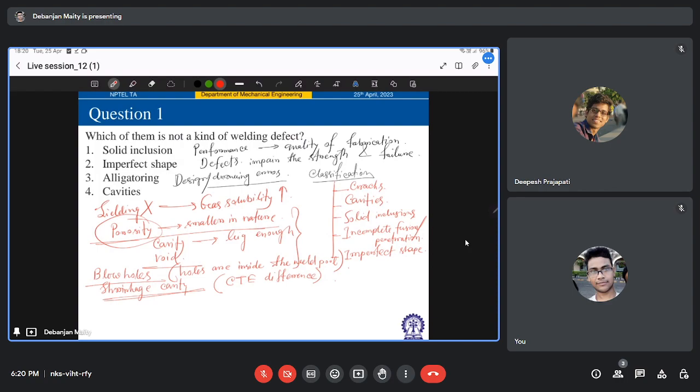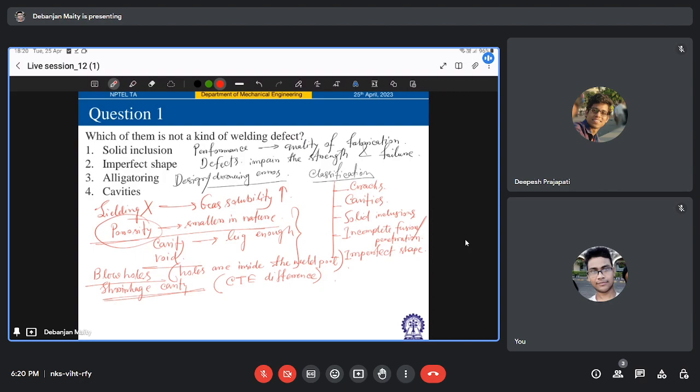Many a times you can have some metal oxides also, and when you use some tungsten electrode, in those cases you have entrapment of tungsten also, right? That may be seen in those cases. So they are basically coming under solid inclusions, and then you have incomplete fusion or penetration.